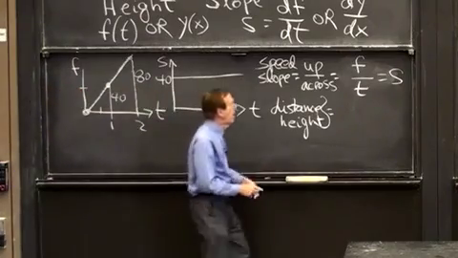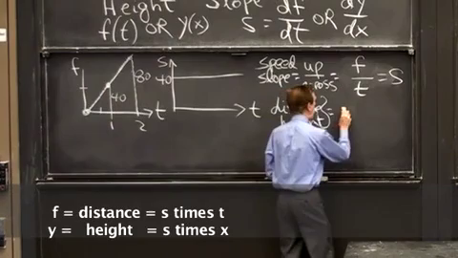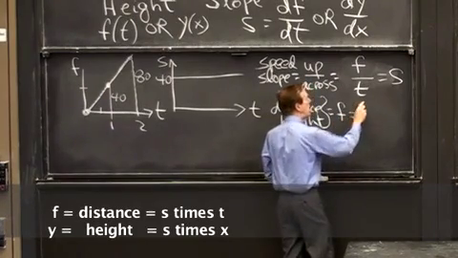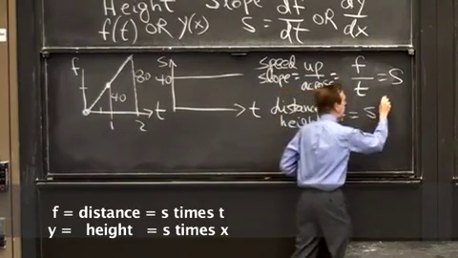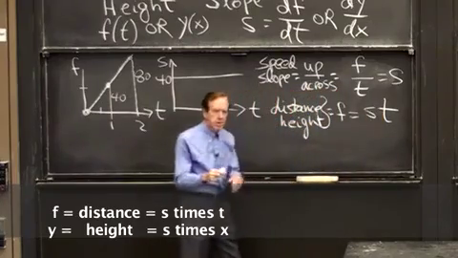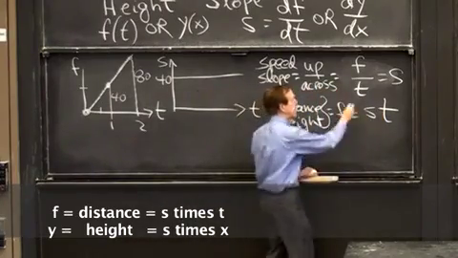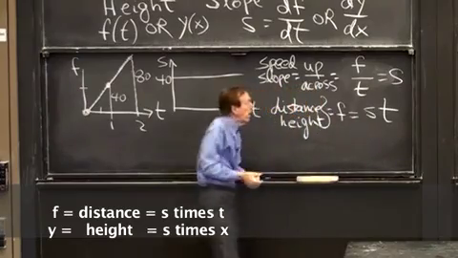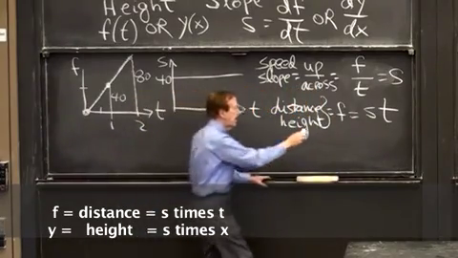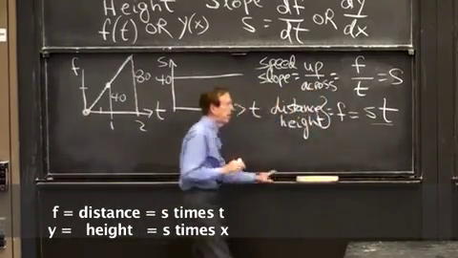Well, you see how. How do I find f? It's s times t, right? Your algebra automatically says if you see a t there, you can put it there. So it's s times t. It's a straight line.